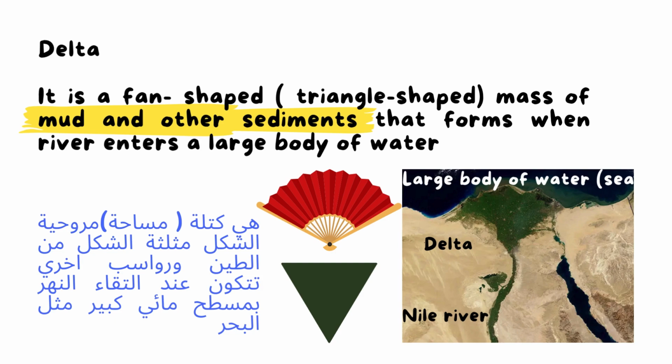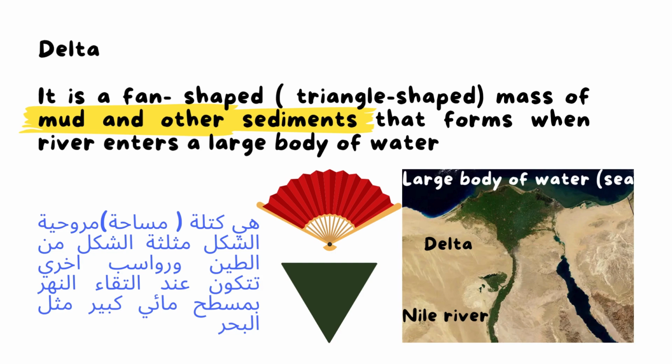As here, the Nile River meets the Mediterranean Sea, so here the sediments settle down, forming the Nile Delta. And this consists of what? A mass of mud and sediments.